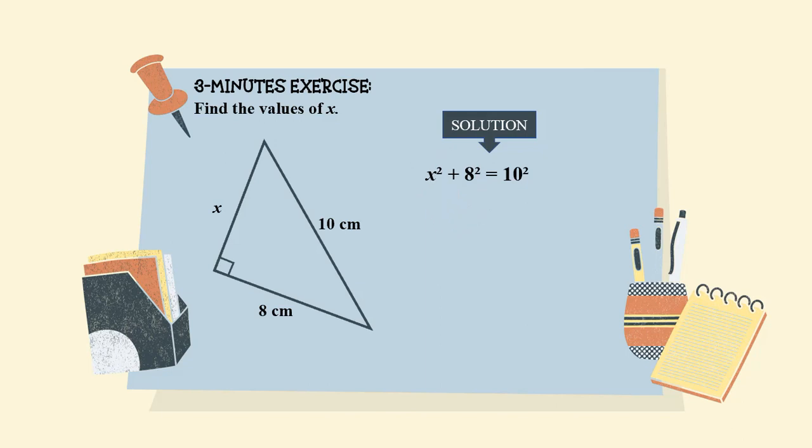Any variable you want to find, you put on the left. So x squared, you move the 8 squared to the back, so it will become minus. So x squared equals 10 squared minus 8 squared. Then you will get 100 minus 64, which gives 36. If we want x, we square root 36, so you get x equals 6 cm.